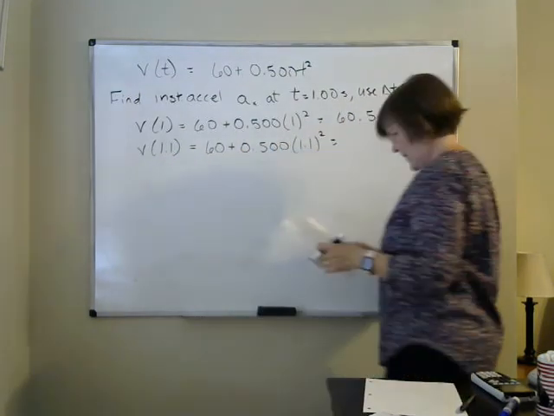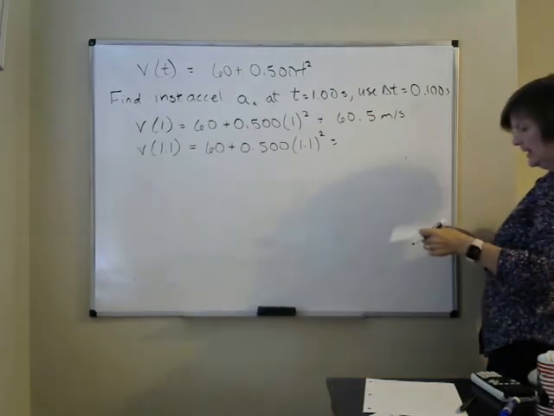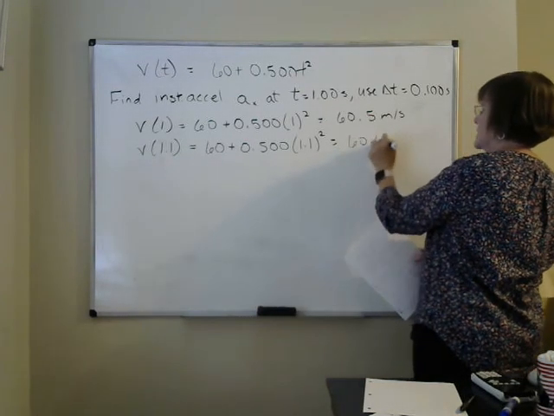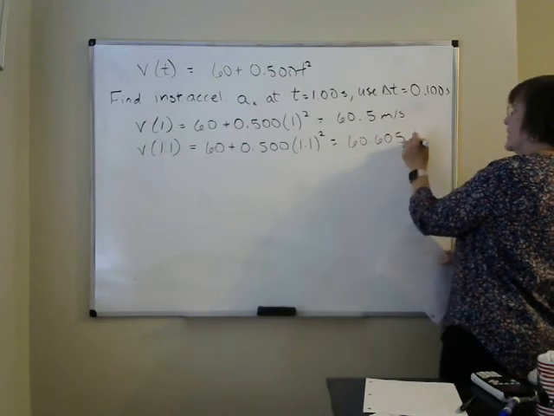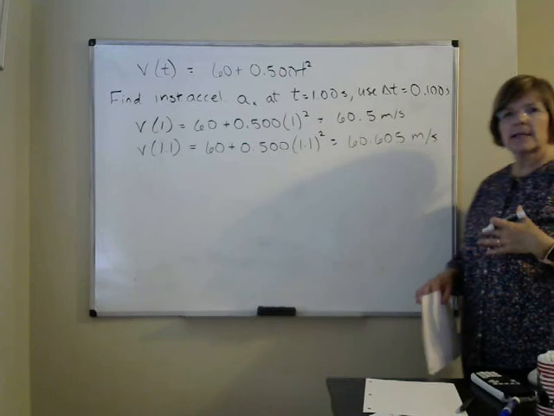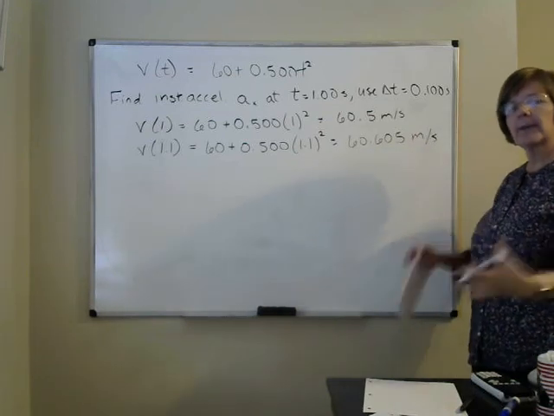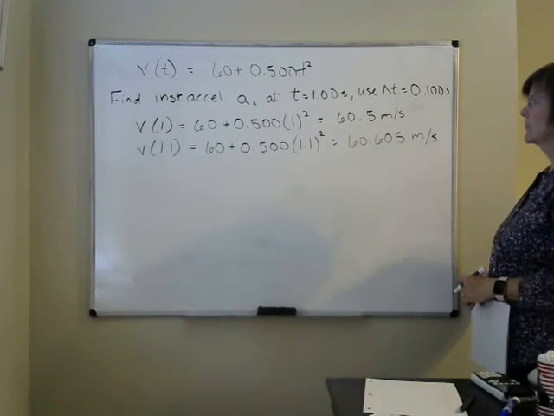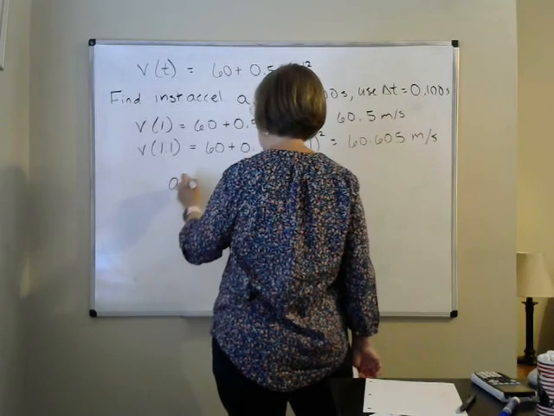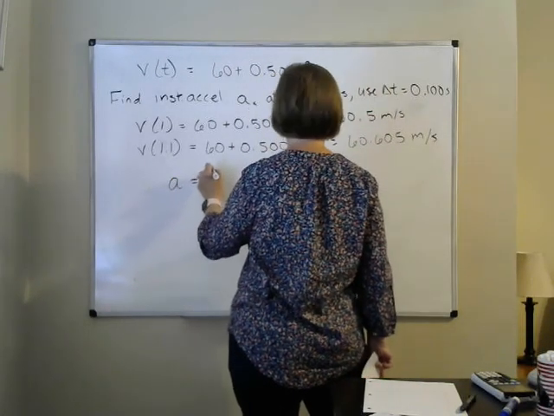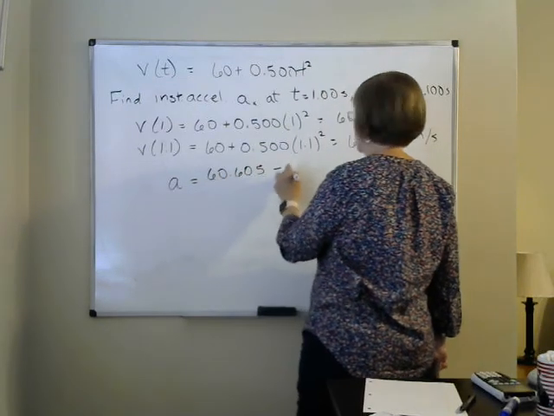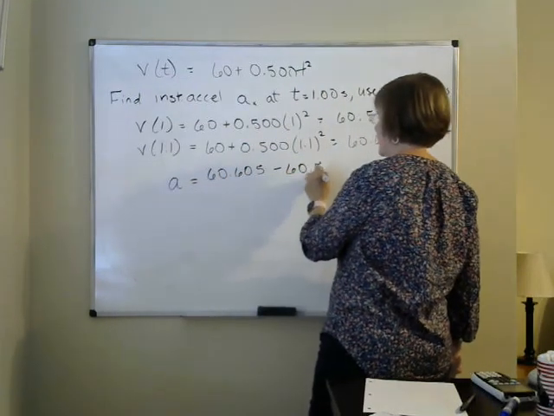So at 1.1 second, this came out to be 60.605 meters per second. Notice I'm not rounding anything because I don't want to round in the middle of the problem. I want to round it to 3 digits at the very end. So my acceleration, if I use that as being almost an instant, it's going to be 60.605 minus 60.5.